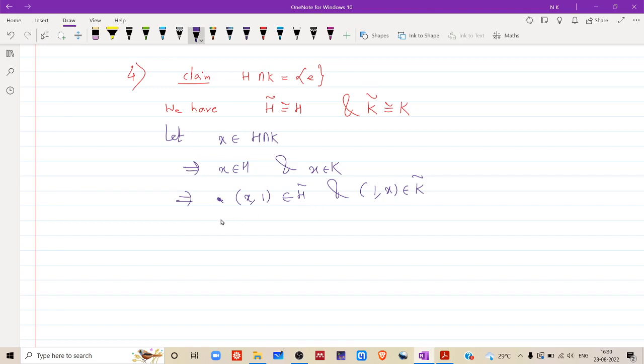Then what is the intersection between these two? Let me establish that part. If we take one element common in h tilde and k tilde, suppose (a, b) belongs to h tilde intersection k tilde, then what happens?